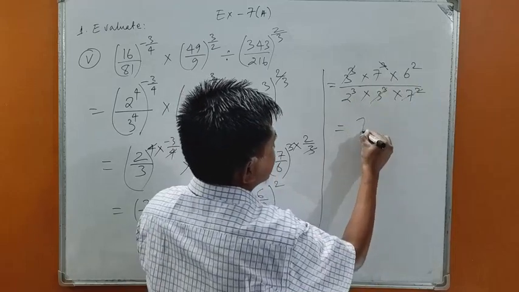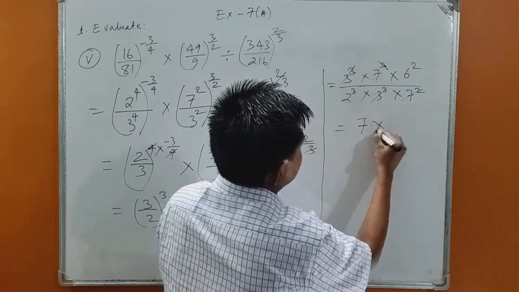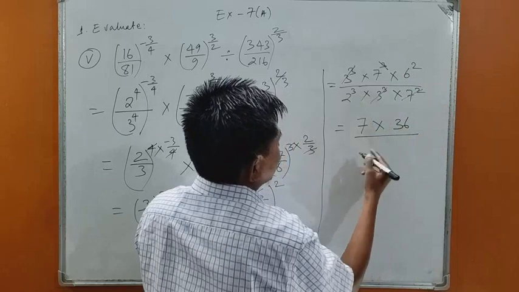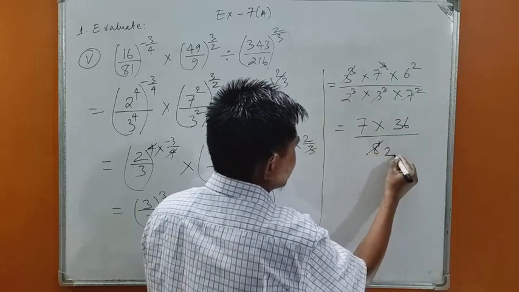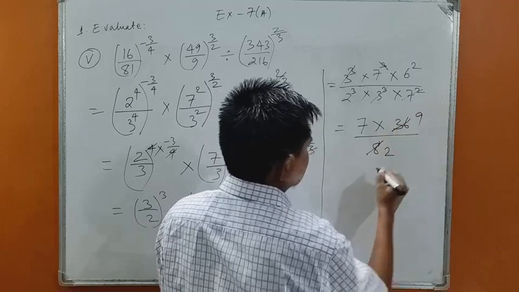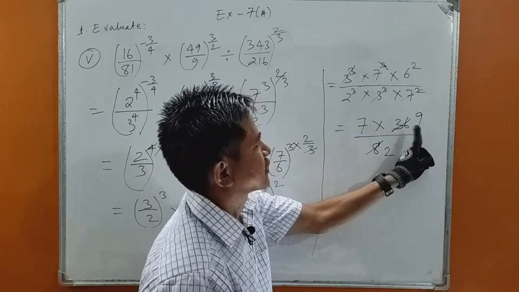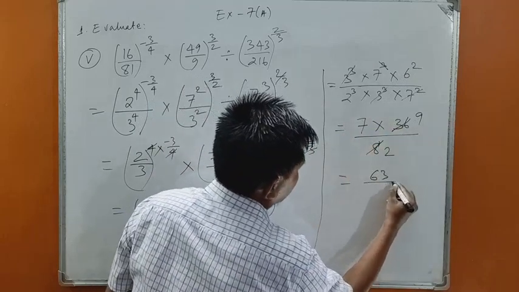6 square we write as it is, okay. This 7 here, let me write clearly, 7 into 6 square means 36 upon 2 to the power 3 means 8, isn't it? So 4 2s are 8, 4 9s are 36. 6 square means 36. Now 7 9s are 63 upon 2.